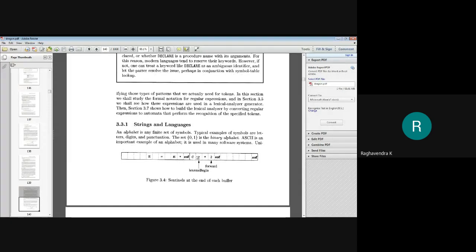And whenever we are advancing the forward pointer, we will check for two things now. One is either the end of the buffer has been reached, which is marked by this EOF, or it may be some other character, or we have reached the end of the file itself. So if we have reached the end of the first buffer, we will load the second buffer. If we have reached the end of the second buffer, we will load the first buffer, and the forward pointer is going to be circled around.